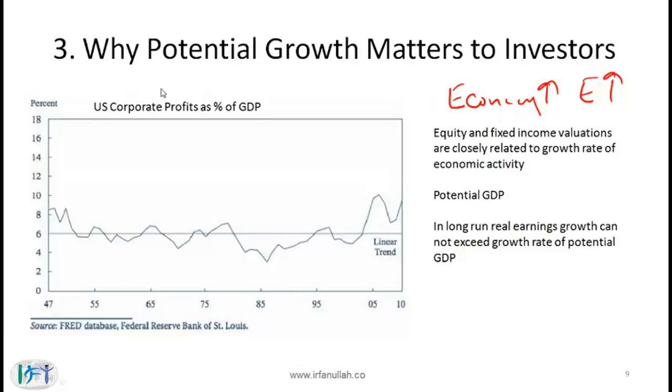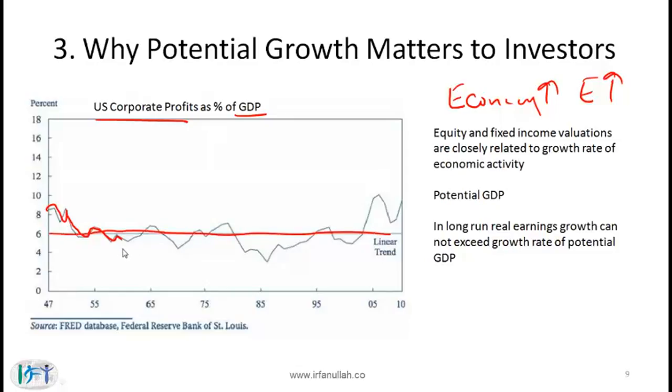This is a graph which shows us the US corporate profits as a percentage of GDP. Big picture is that there is a close relationship between the two. And for the US, we see that this line over here is showing us the corporate profits as a percentage of GDP. Notice that this is generally up and down around the 6% level.